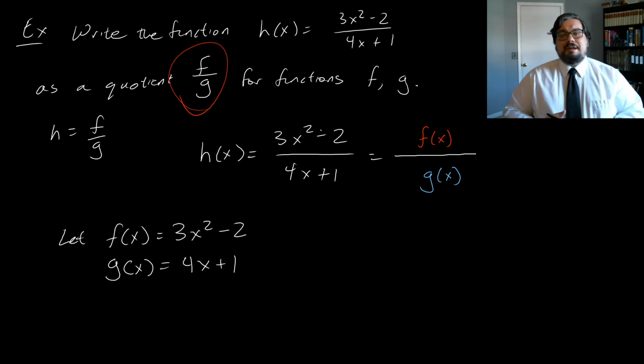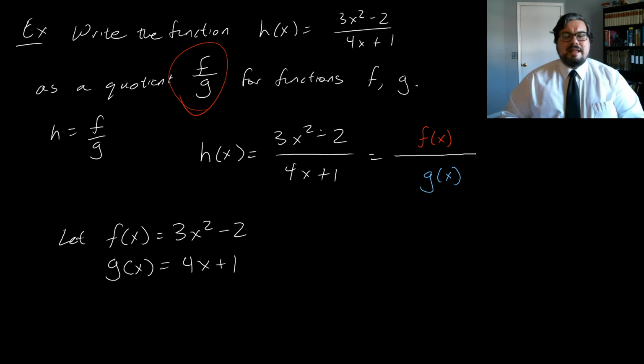Sometimes you will have problems or techniques that are better applied to a quotient of functions than to just a single function itself. Also, the individual functions that we deal with here, f and g, are simpler than the original function h. So for instance, if we wanted to know the domain of the function h, we can write down h as a quotient of these functions, and then use the rules that we just talked about.